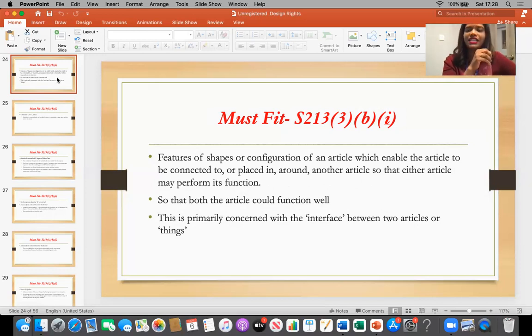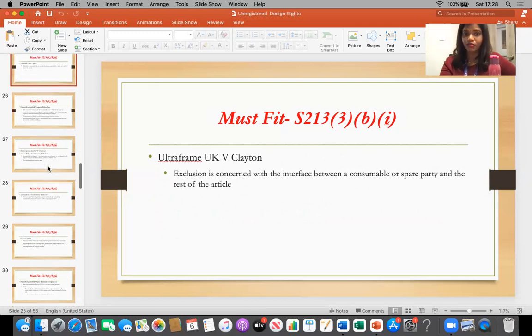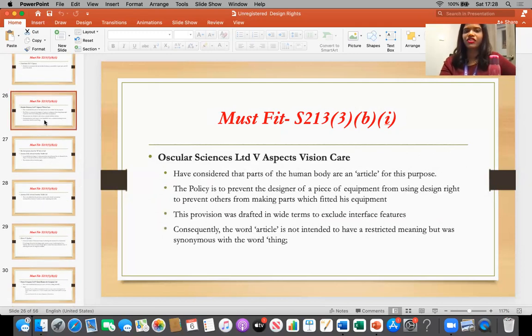Okay, so for must fit exclusion, you must have both of them connected to each other. Of course, in must fit you have the case of Ultraframe where you say that the interference is very important. When you talk about must fit, you must talk about articles of the body like the contact lenses, the gloves, all these are examples.